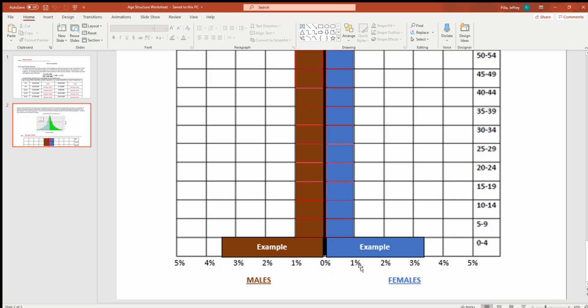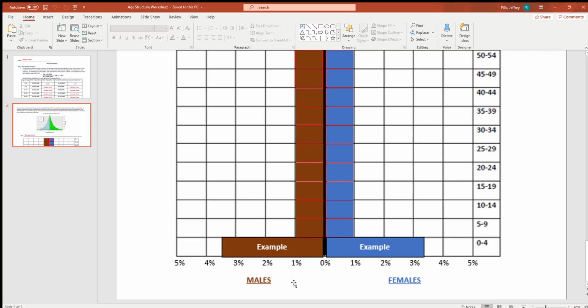Down on the x-axis, as it said, are our percentages. Now remember, in the notes, we learned that a population pyramid is a double-sided bar graph, where you start in the middle and work your way out to the left, or work your way out to the right. On this, you're going to essentially make the bars that represent each age group for each gender.